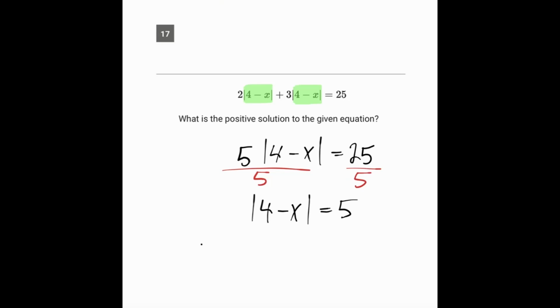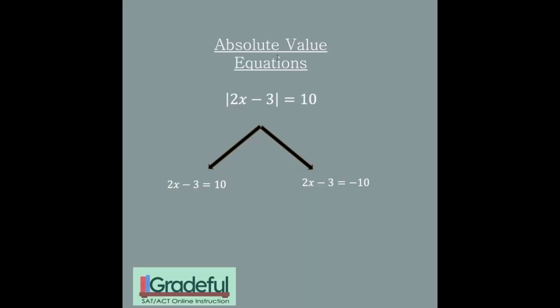Now, the reason we were isolating it to begin with is because if you have an absolute value equation, you have to have the instinct of taking away the absolute value and leaving it alone on the one hand, or taking away the absolute value and multiplying by -1. So here, if we had absolute value of 2x minus 3 equals 10, you'd get 2x minus 3 is 10, 2x minus 3 is -10, the plus and the minus.